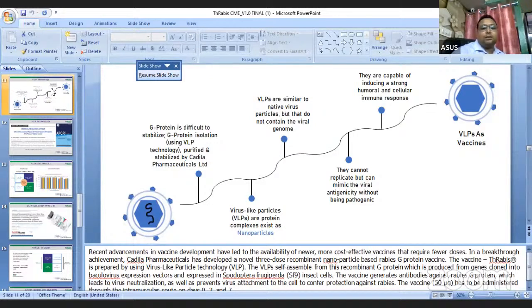VLPs are similar to native virus particles, but they do not contain the viral genome. They cannot replicate but can mimic the viral antigenicity without being pathogenic. They are capable of inducing a strong humoral and cellular immune response. VLP as a vaccine.